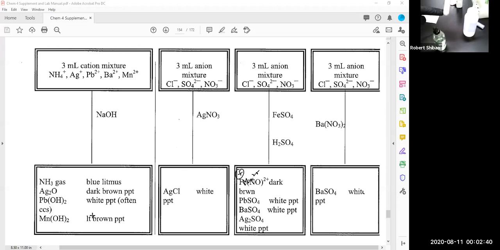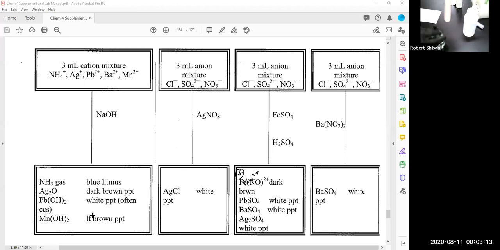Look at that. You see that? I have a precipitate in there. And so something loves sulfate. Something is precipitating out with the sulfate in iron 2 sulfate. That could make it difficult to see the brown ring, this precipitate.